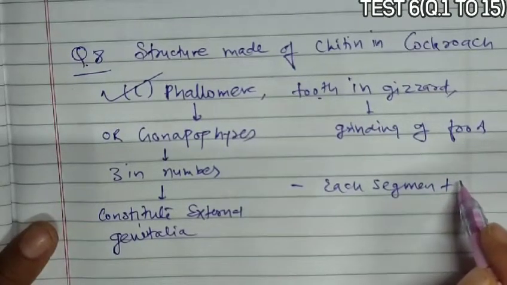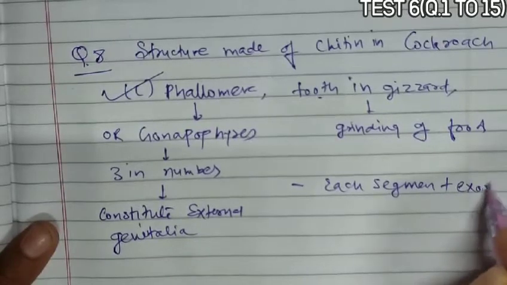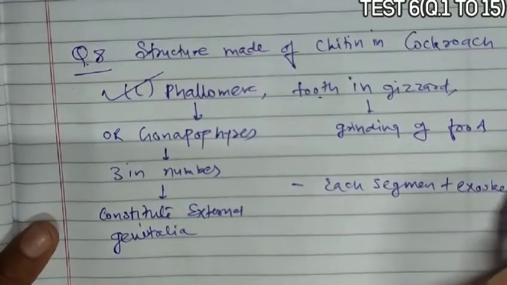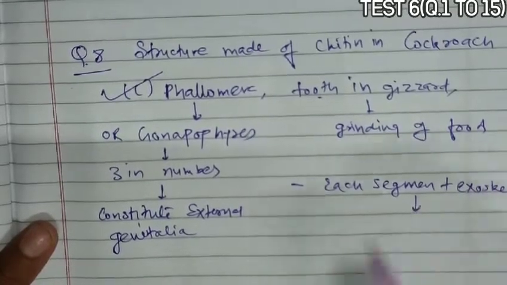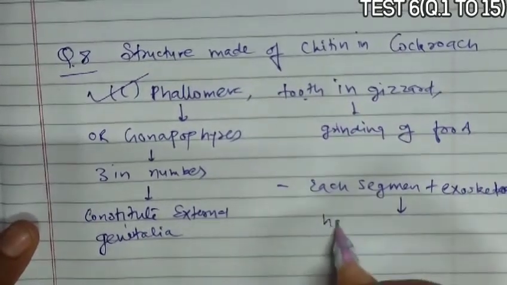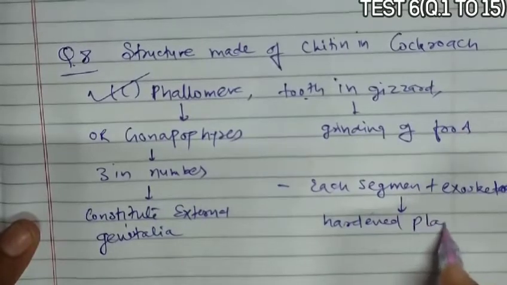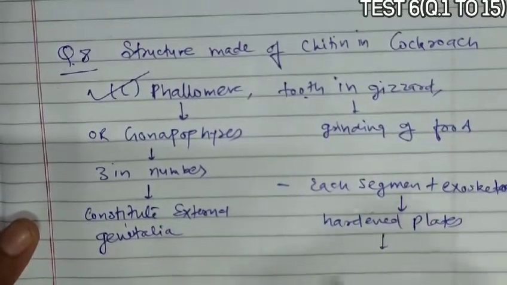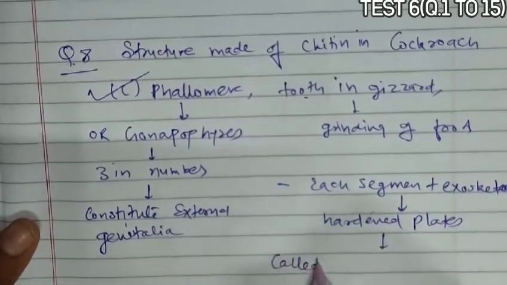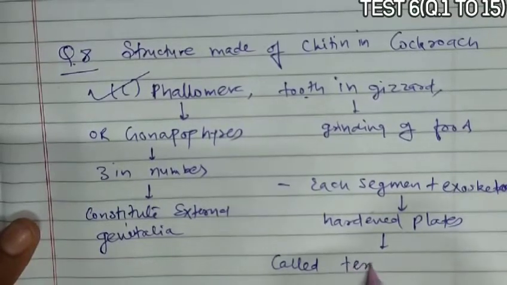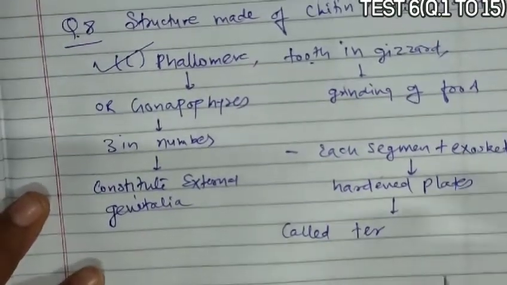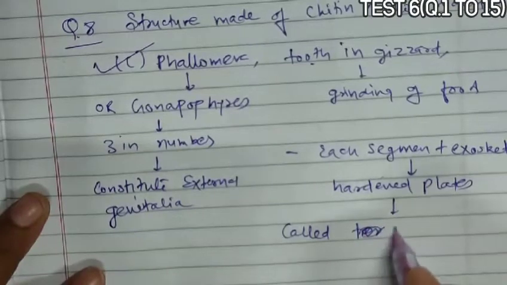exoskeleton has hardened plates, and they are called sclerites.